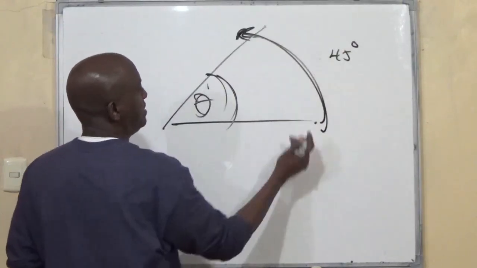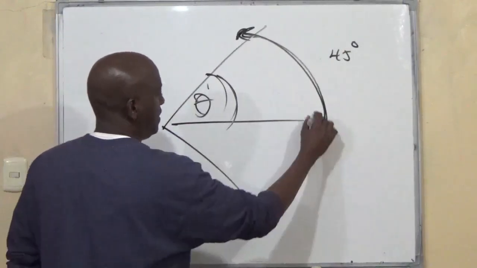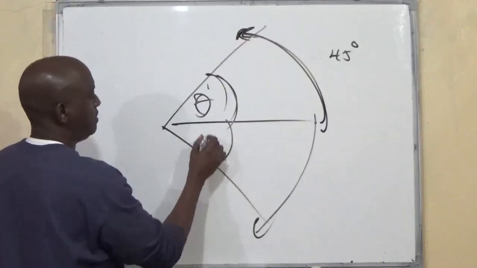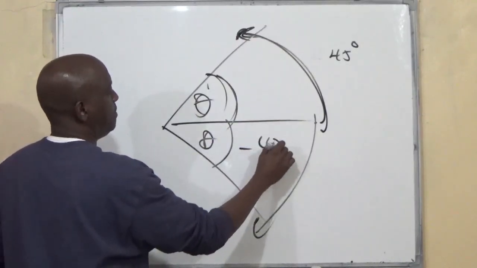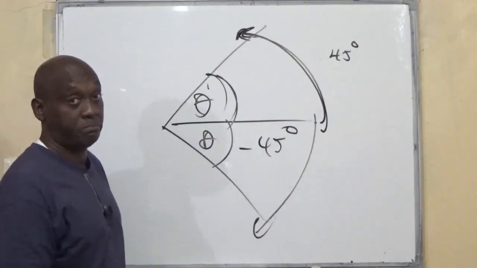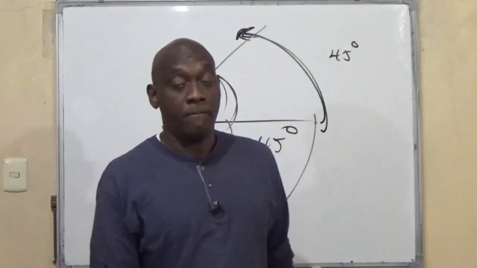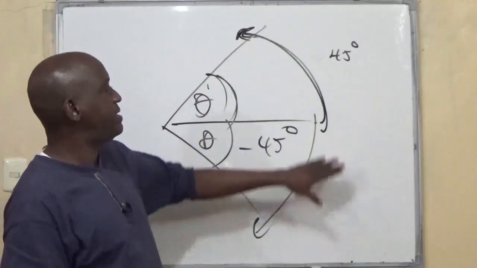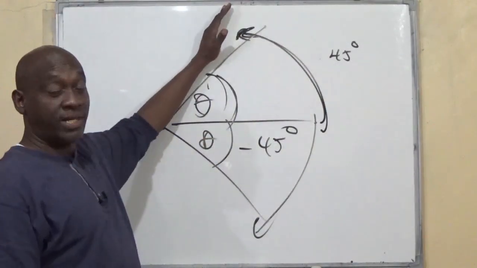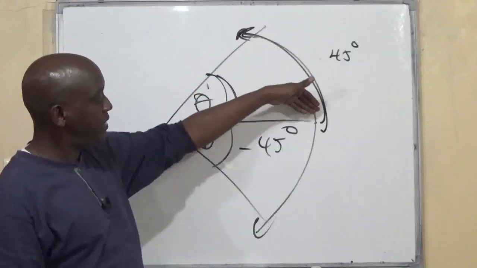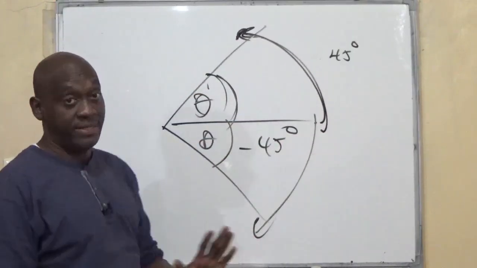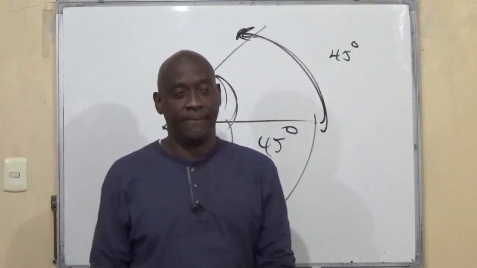You don't need the positive sign. But if we move like this, this is minus 45 degrees. See? Again, you're reversing. If you define positive as moving anti-clockwise when you're talking about angles, then clockwise is negative, right?